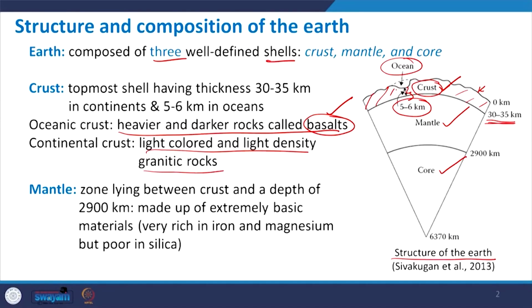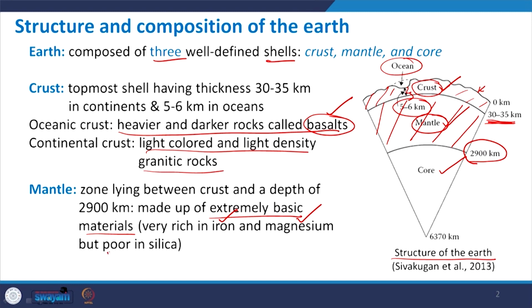As you can see, the portion of the earth lying from 30 to 35 kilometers to 2900 kilometers, that is this portion, is called the mantle. This is made up of extremely basic materials, and this material is very rich in iron and magnesium.